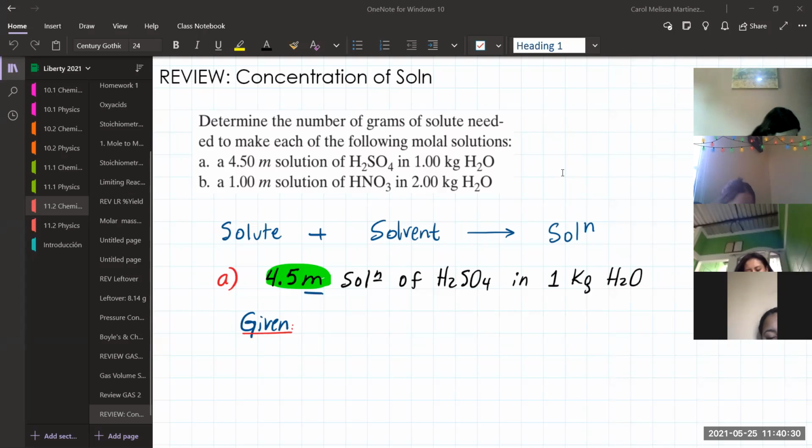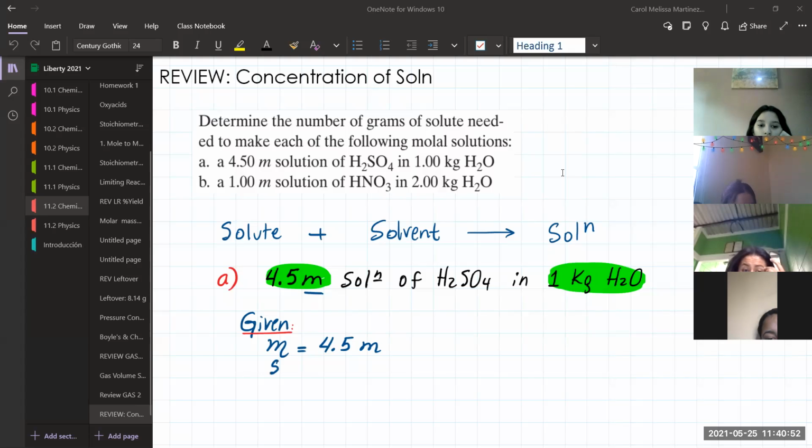So the molal concentration for this solution is 4.5 m. They are giving us 1 kilogram of water. Okay, that is the other part of the givens.